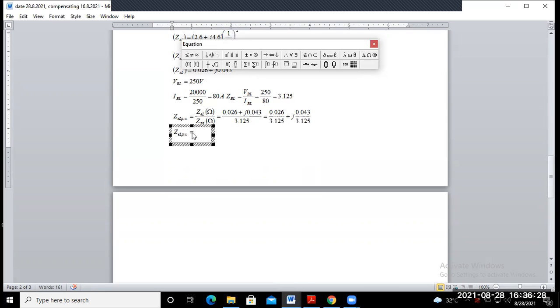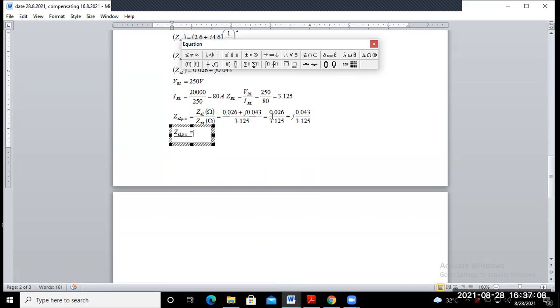equal to, just divide 0.026 by 25. So just use this one, 0.026 divided by 3.125. So 0.00832.